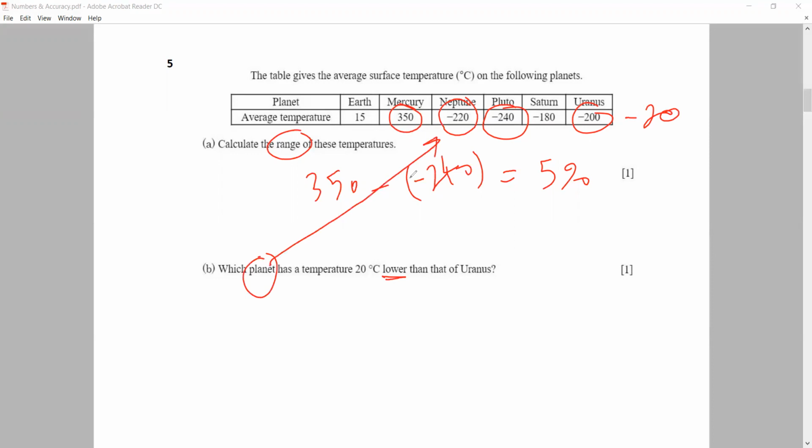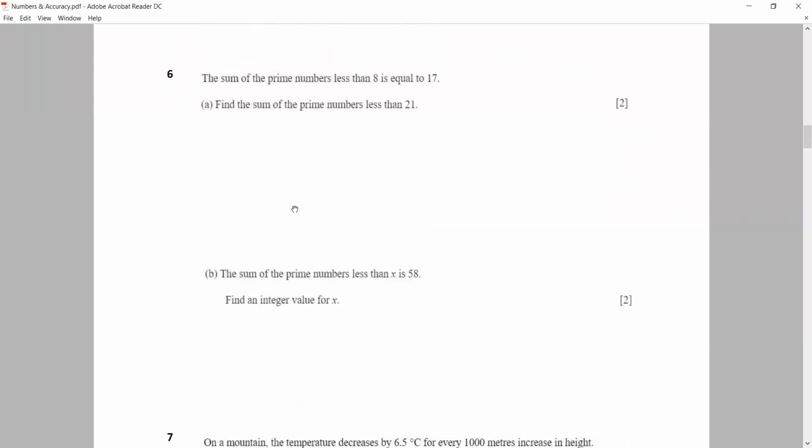So next question. The sum of the prime numbers less than 8 is equal to 17. So find the sum of the prime numbers less than 20. Okay. So you have to be very careful. The smallest prime number is 2.